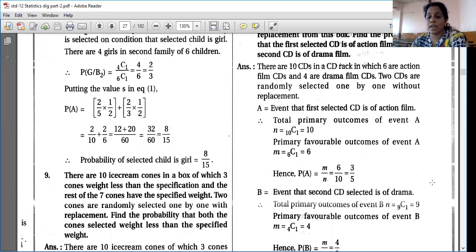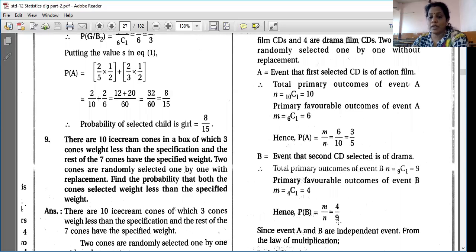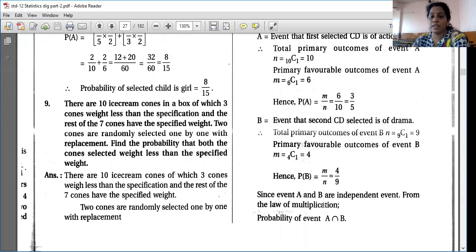So to select a drama CD, our total outcome will be 9C1. And what will be our outcome for the event, that is what will be our m? 4C1. There are 4 drama film CDs, so 4C1. So P of B will be m upon n, that is 4/9.